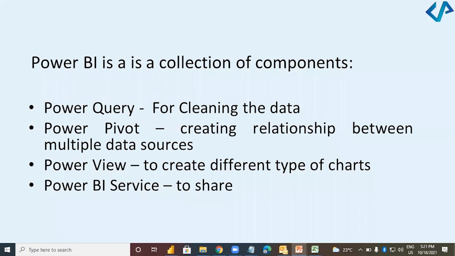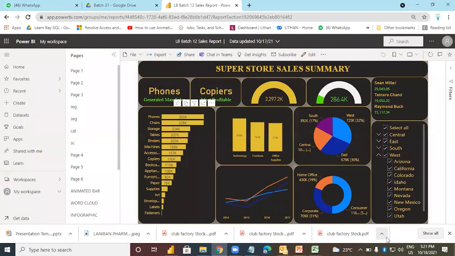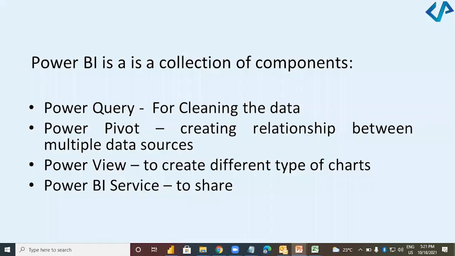Then we have Power BI Service, which is used to share your visualizations. For showing you this report, I logged in to a Power BI Service account. So this is the Power BI Service interface. Power BI is a collection of these components.